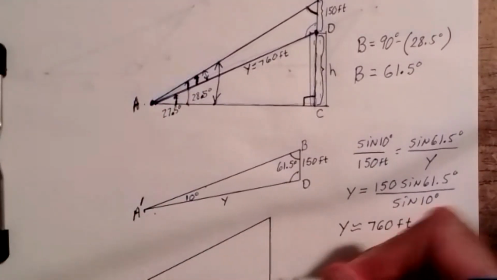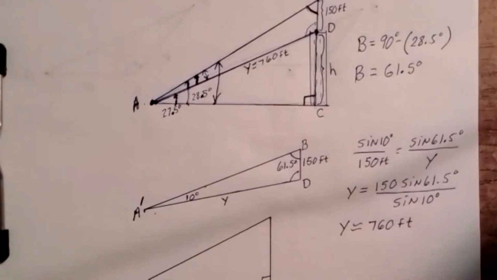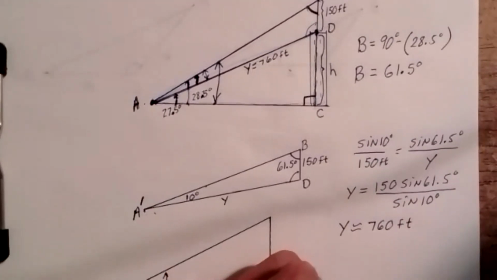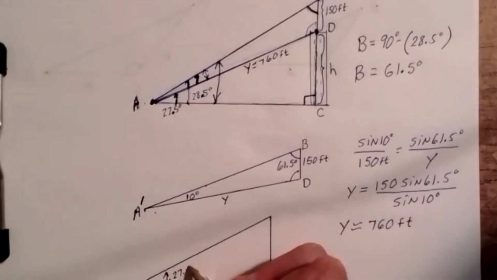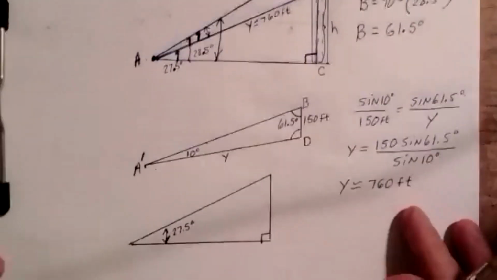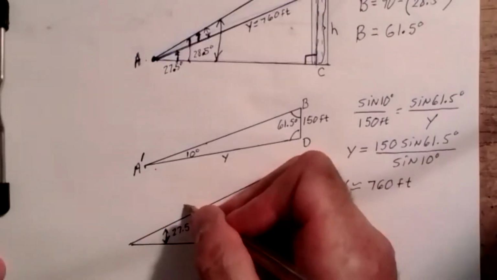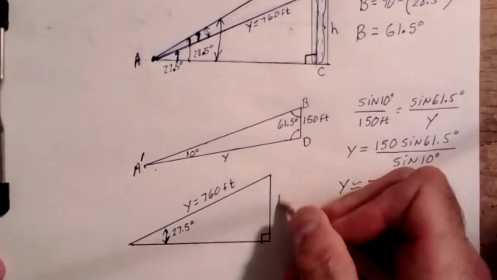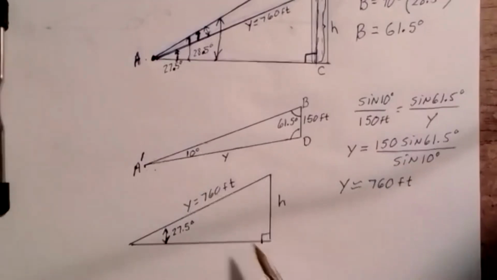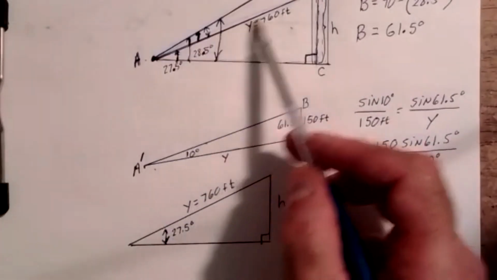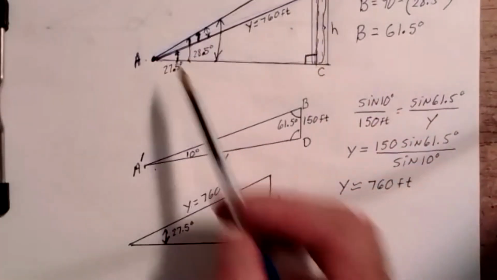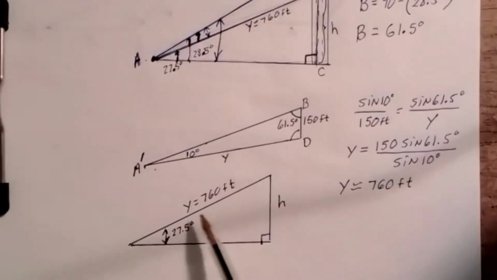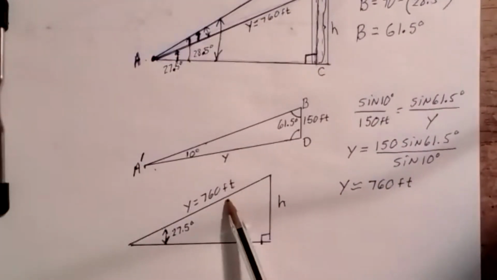Now, pulling that right triangle out, we know this is 27.5 degrees. We know side Y, we just found, is 760 feet. How can we now find the height of the building? Here it is.